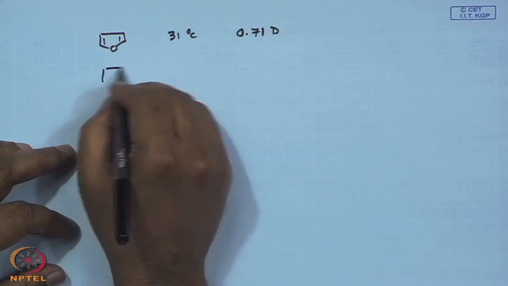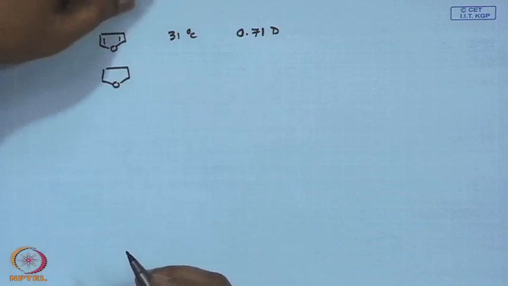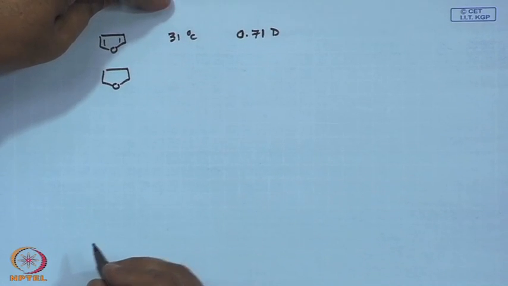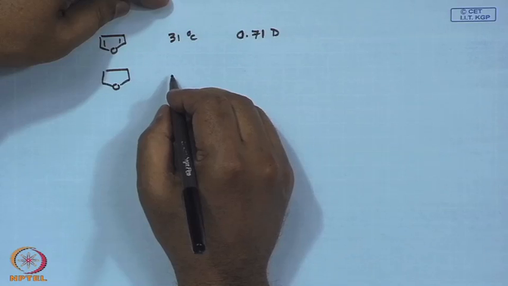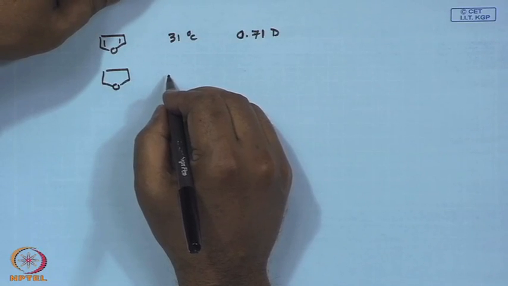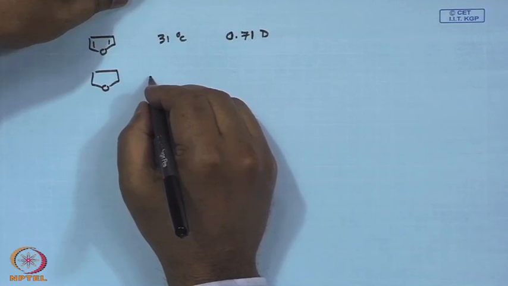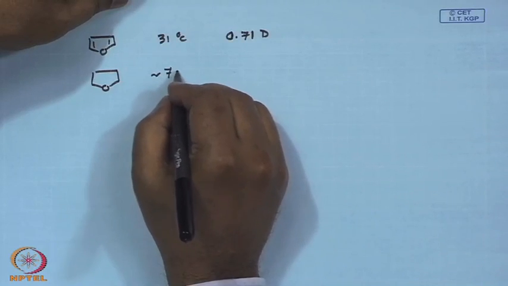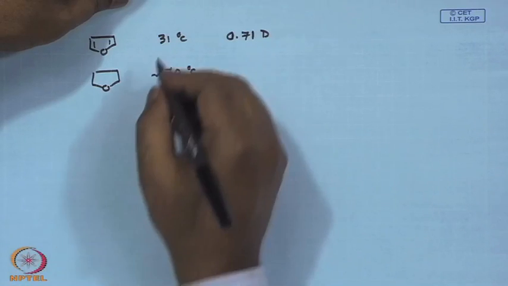Now, just think about this one, tetrahydrofuran. What is the boiling point? THF, all research scholars, THF will have a boiling point, I will make it like this, of about 70 degrees. So, why this boiling point?